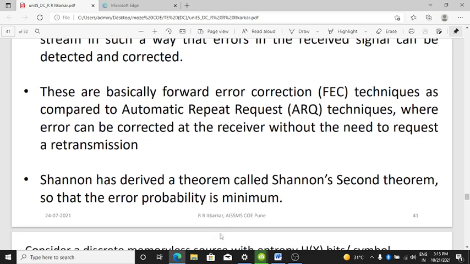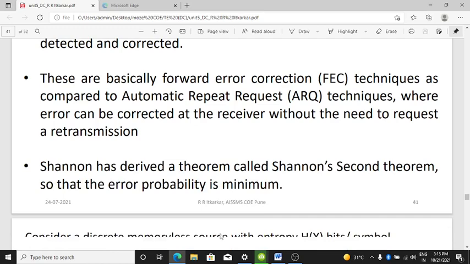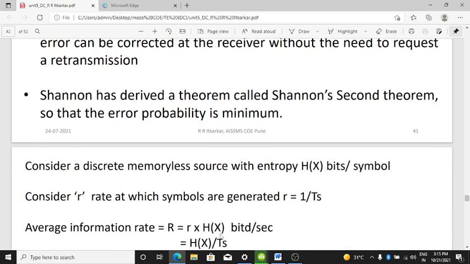Shannon has derived a theorem called Shannon's second theorem so that the error probability is minimum. Consider a discrete memoryless source with entropy H of X bits per symbol. Consider r is the rate at which symbols are generated, r is equal to 1 upon Ts.